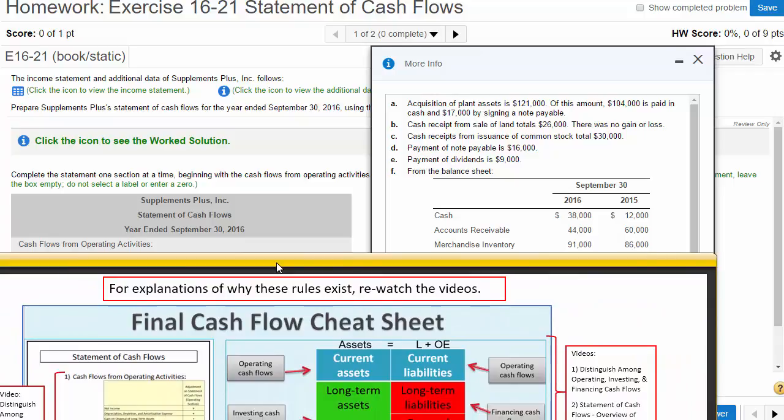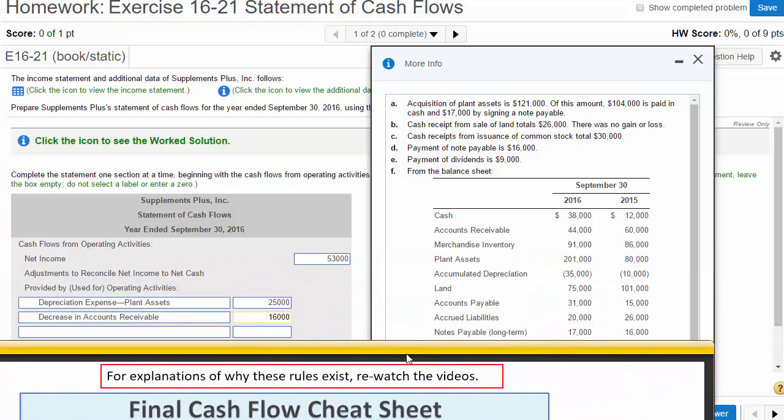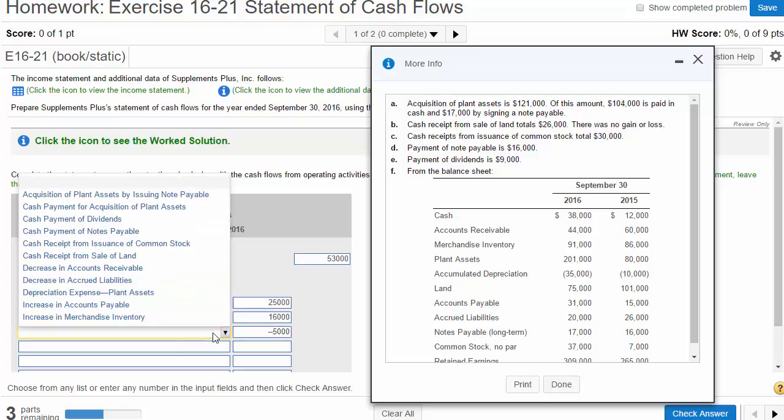Next, we've got our inventory. Looks like inventory increased by $5,000. So if inventory increased, what must have happened? We must have purchased inventory. So if we purchase inventory, what happens to cash? Cash goes down, so we subtract that, minus 5,000, increase in inventory.